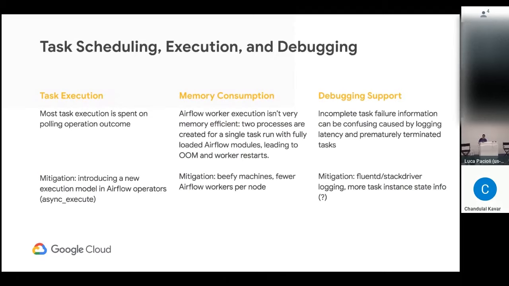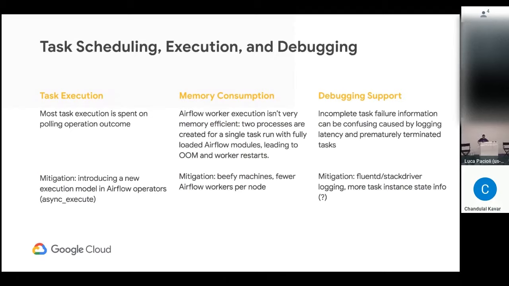So again, there are ways that we can try to optimize. Right now, the solution we give to people is maybe you have beefy machines and fewer workers. Those are not ideal. If we want to really solve the problem from the root, we probably have to see how we can optimize or minimize the number of Airflow processes you have to load and start.